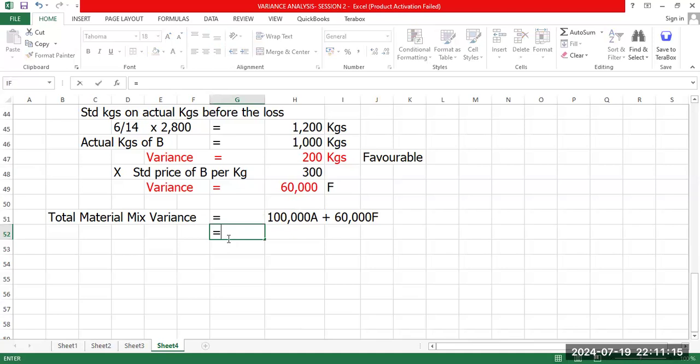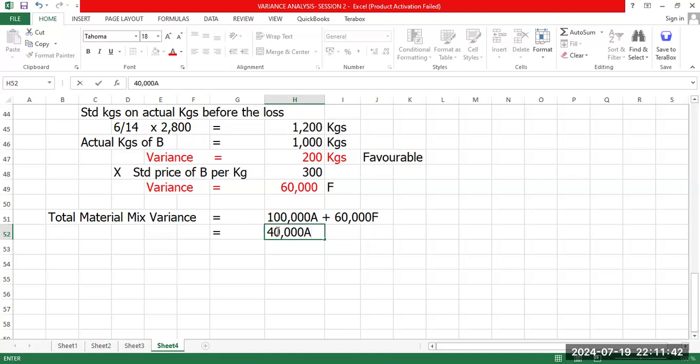On your calculator, if the figure is adverse, put that figure as negative. So what is the total? Negative 40,000.